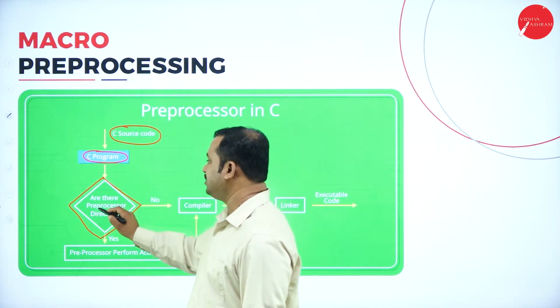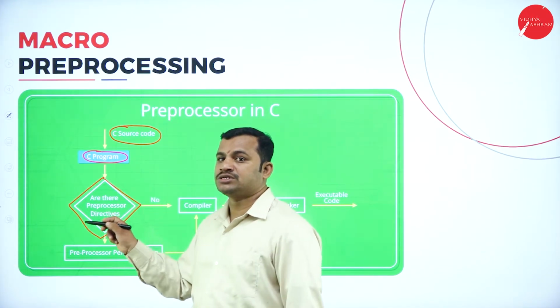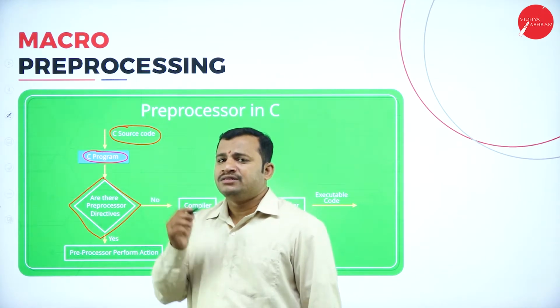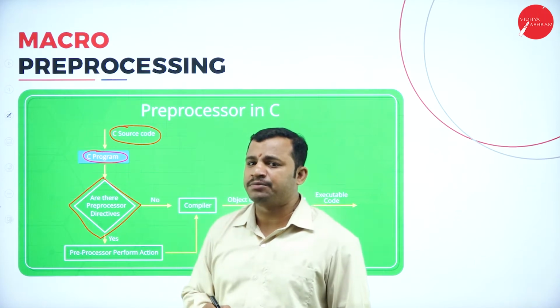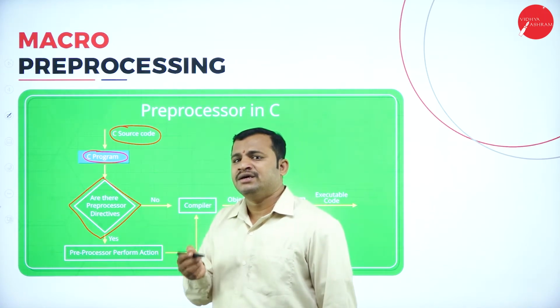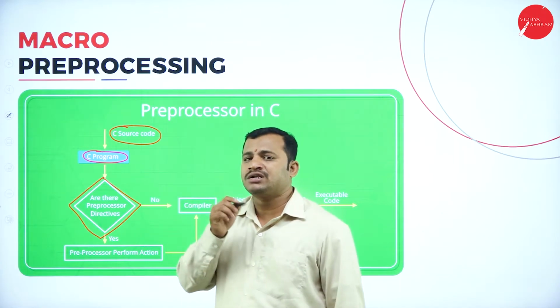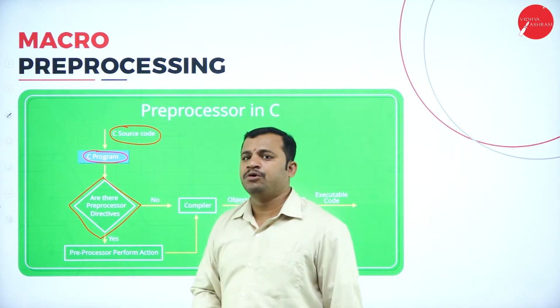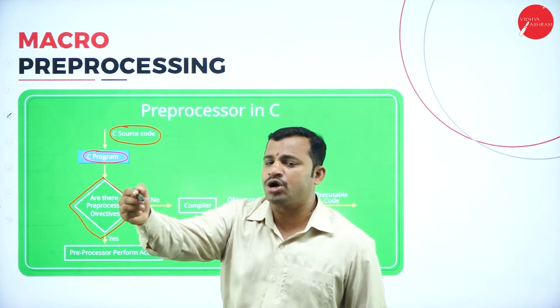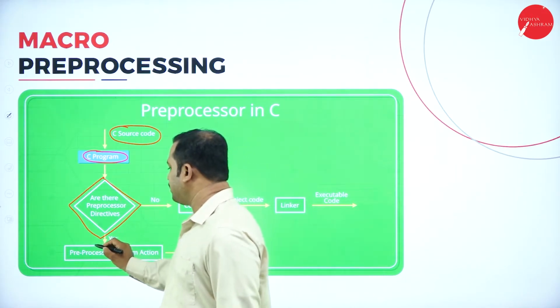We check whether there are any preprocessors present in it. How does the compiler know that there is a preprocessor present in the program? Of course, the compiler needs to know that there are preprocessor directives present in a program. Once it recognizes, it can schedule the task of preprocessing to the preprocessor.